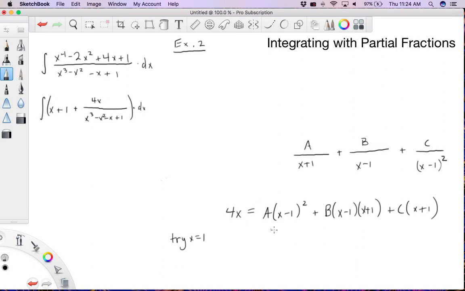That would eliminate A and B. So we'll get 4 times 1 equals A times 0 plus B times 0 plus 2 times C. So if 2C is equal to 4, that means C must be equal to 2. Okay. I think we should probably also try -1.